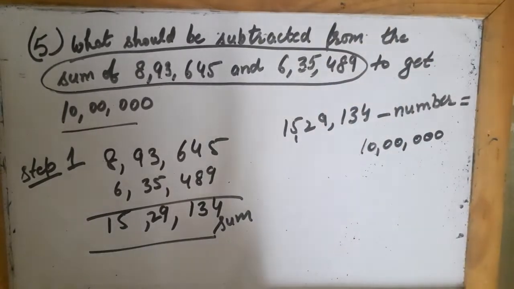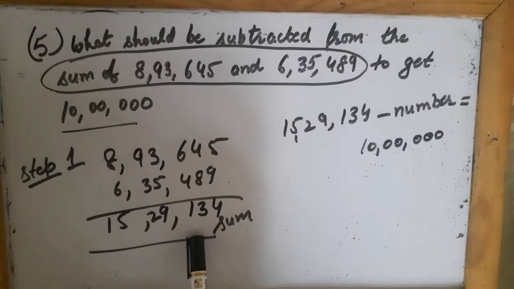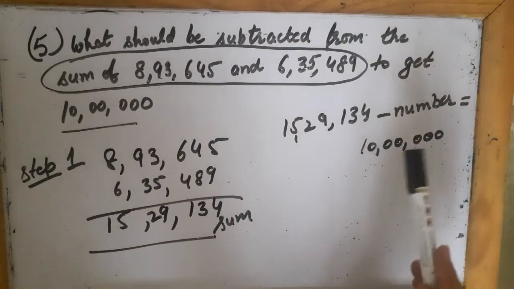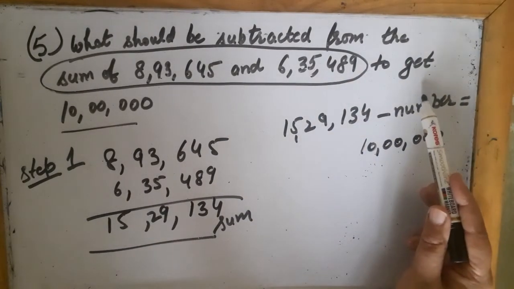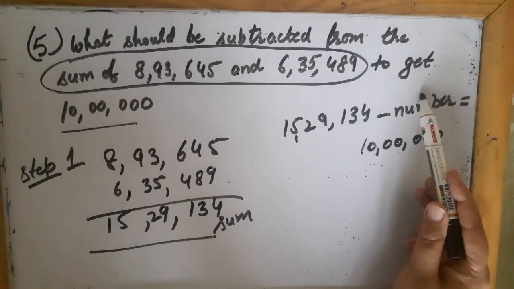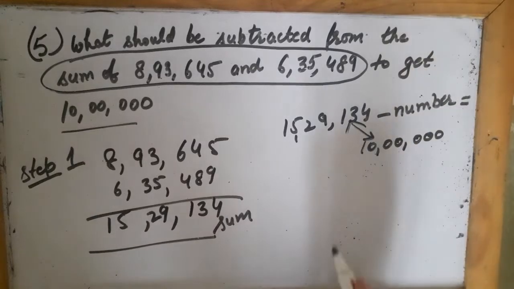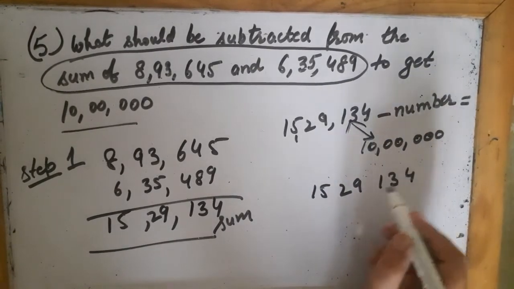This is what they are asking, that from the sum of these two numbers, what should I subtract so that I get this number. So it means I have to find the smaller number, and when I have to find the smaller number, I will subtract these two numbers. So 15,29,134.